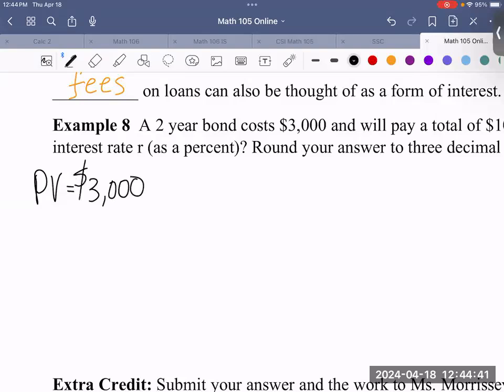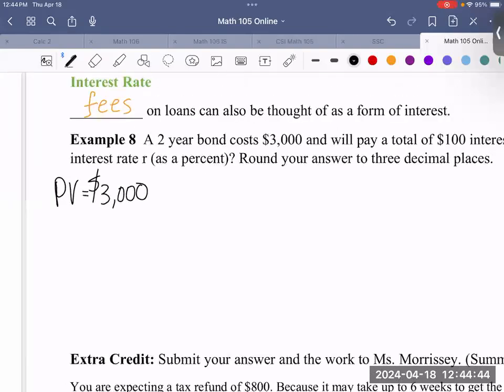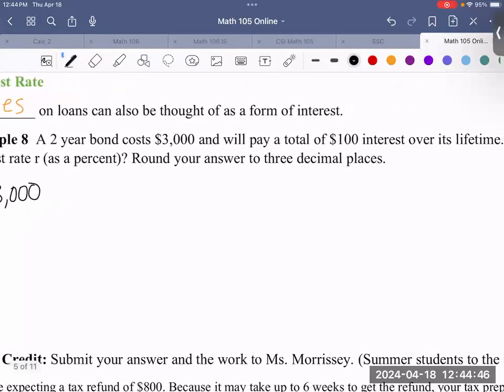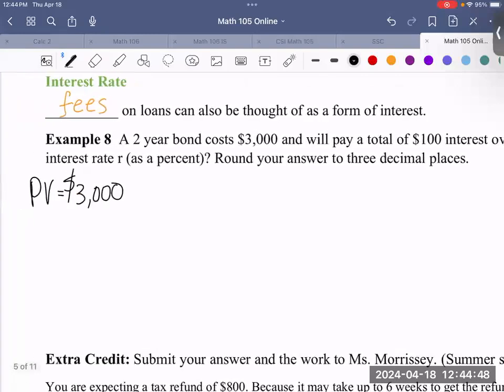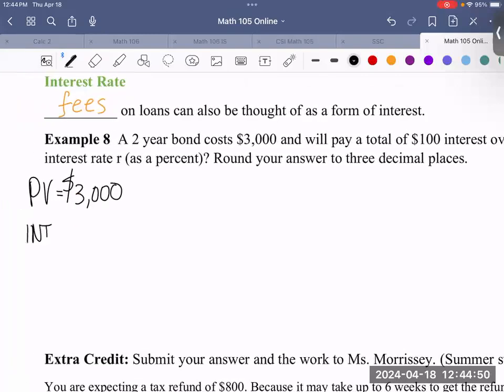So right now it's going to cost us $3,000 and we'll pay a total of 100 interest over its lifetime. So interest is equal to $100. Oh, not 1,000, 100. Your T is equal to 2 years, and we do not know R.